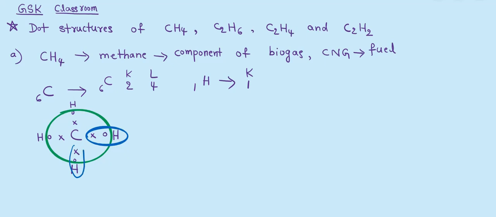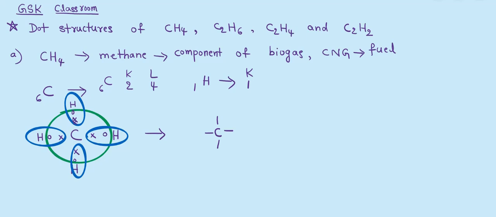So, it is the electron dot structure of methane. And it is also written like this, my dear students. You write 4 lines around the carbon atom.